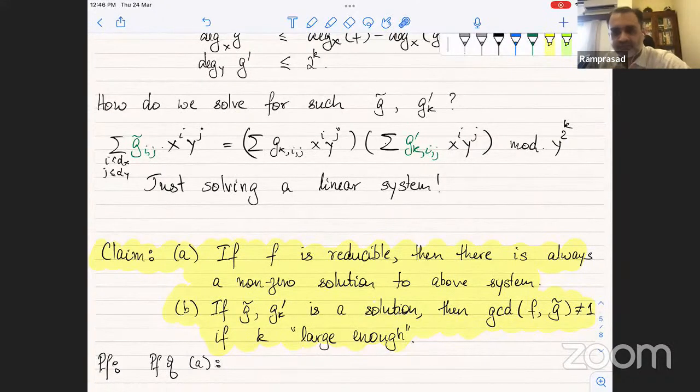That is step 1. Second, no matter what solution you actually end up finding, f will have a non-trivial GCD with that g tilde, provided k is large enough.